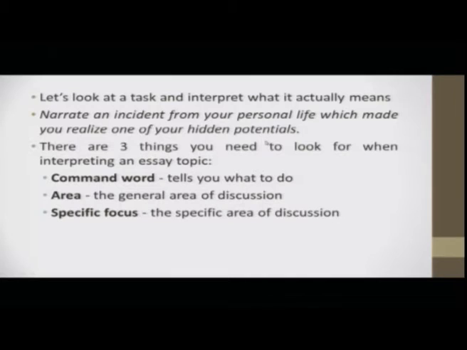So, in this task, or for any task, usually there are three things you need to look for. These are called command word, area and specific focus. So, if we take this particular task, what are these?